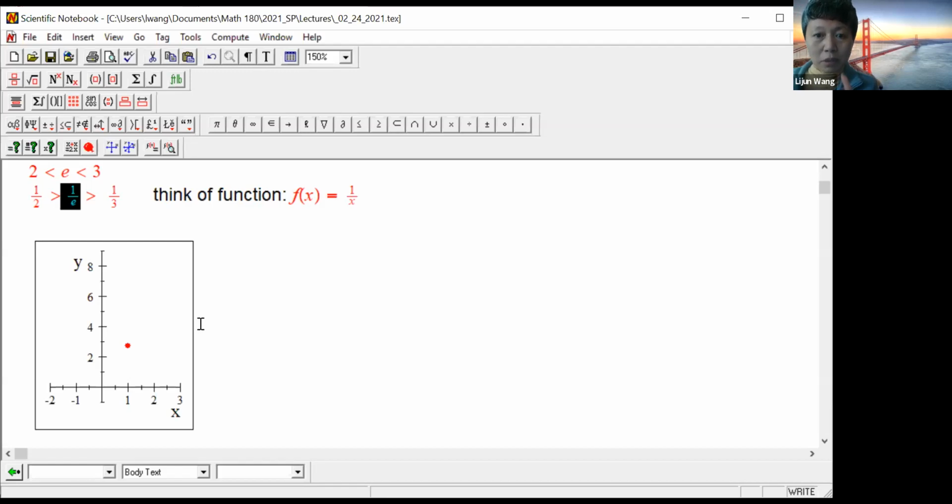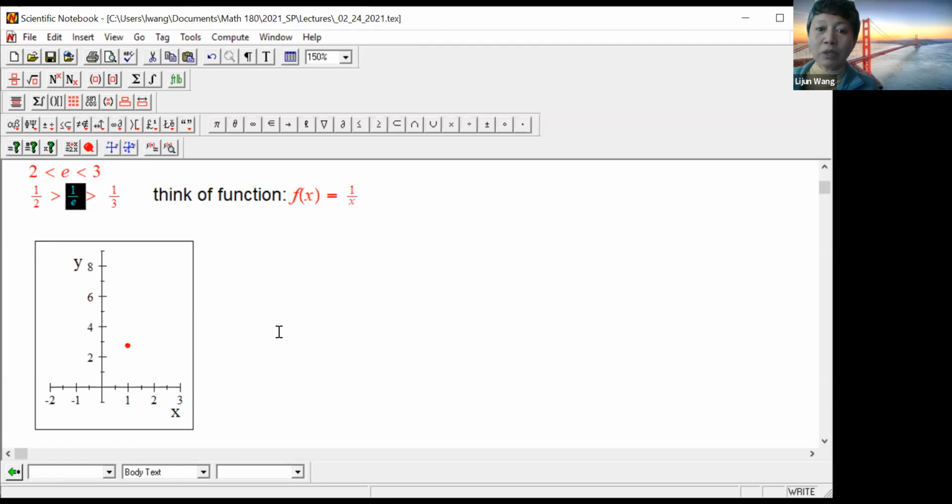Okay. Sometimes some of us get stuck with it. You say, oh, what am I going to do? 1 over e. What is 1 over e? Well, if e is a number between 2 and 3, 1 over e is a number between 1/2 and 1/3. Does that help?